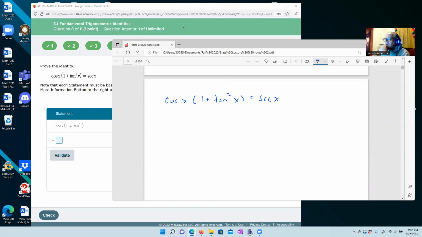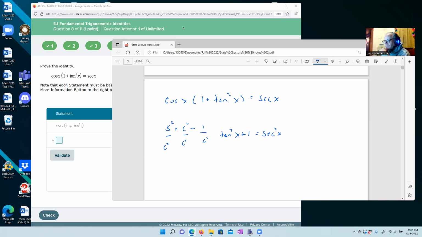Okay, so I'm going to go back and remember this and say sine squared plus cosine squared is equal to 1. If I divide everybody by cosine squared, then we're going to get sine over cosine, which is tangent squared. Cosine over cosine is 1, and that is equal to secant squared x.